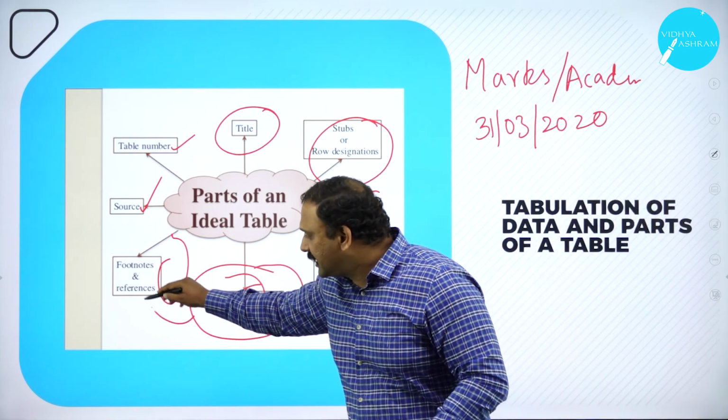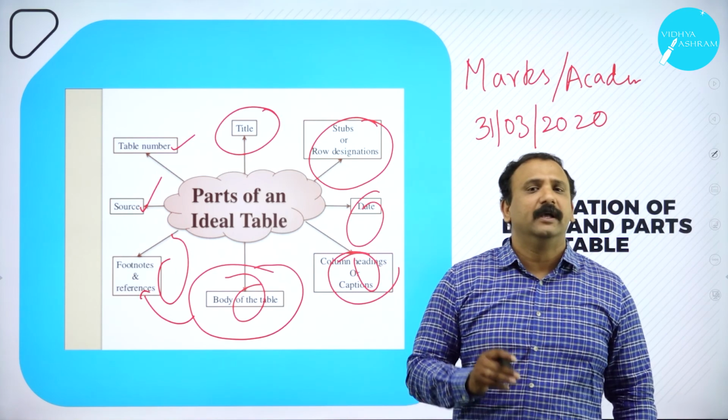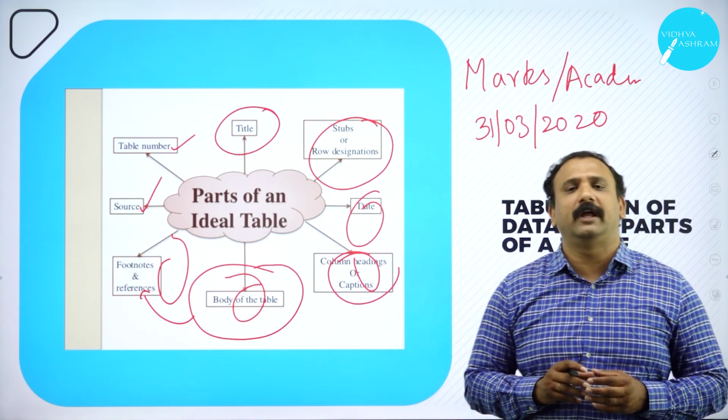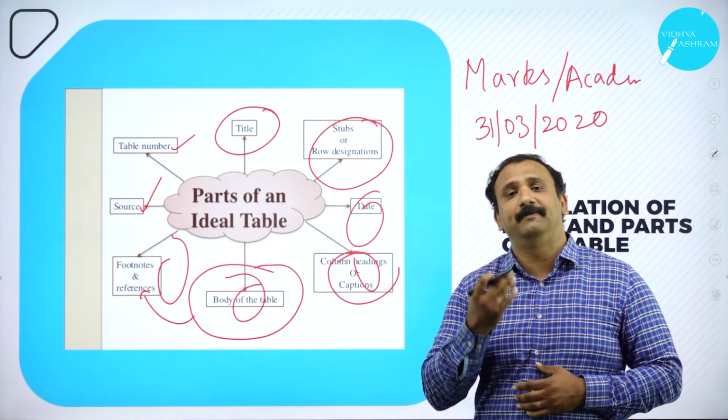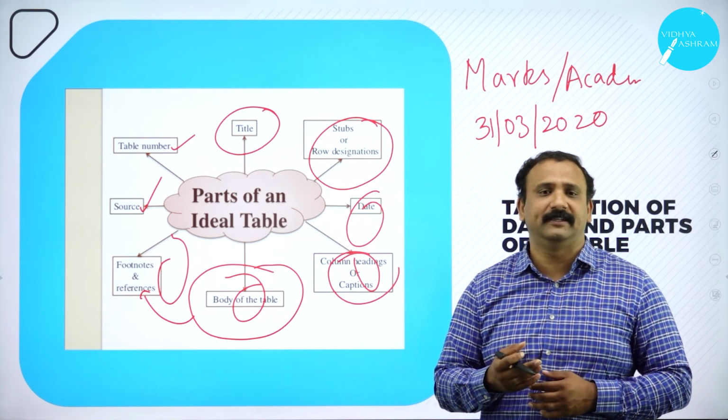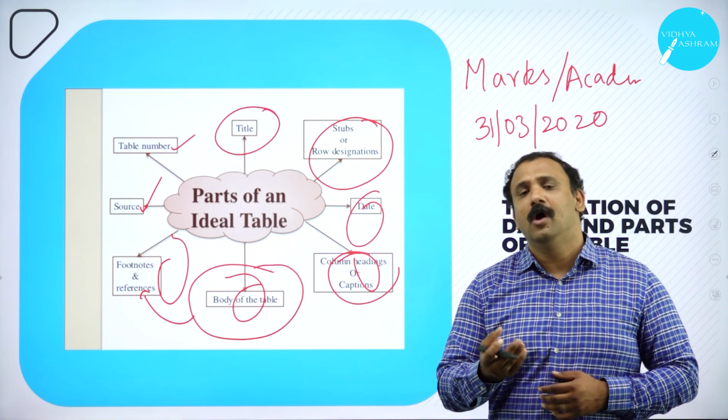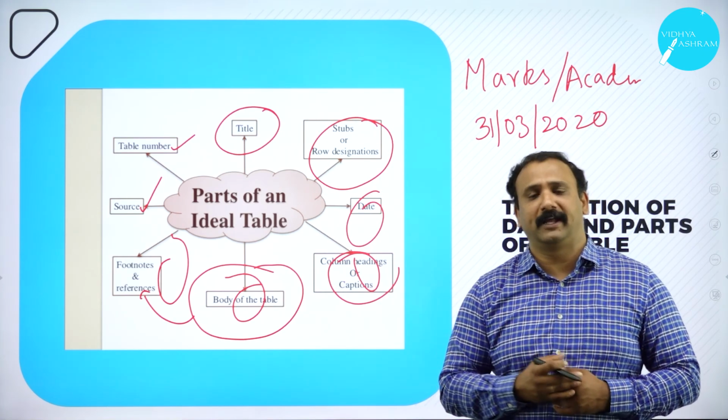Now, the footnotes and references, what do they mean? Everything in this world comes out in a manner that people would have just done it by themselves. But actually, when people research it and find it out, you might see that the data is not true, or the data is not their own publication.